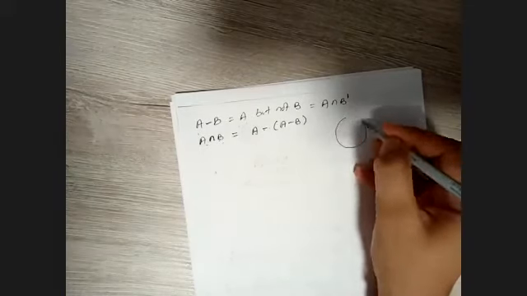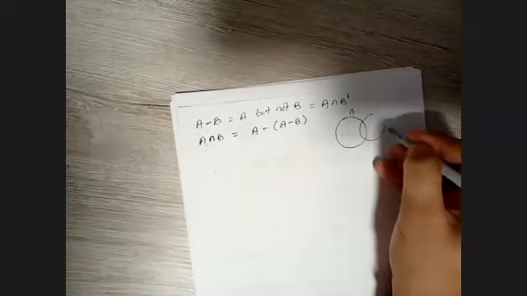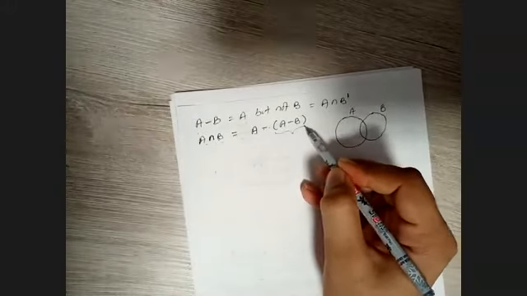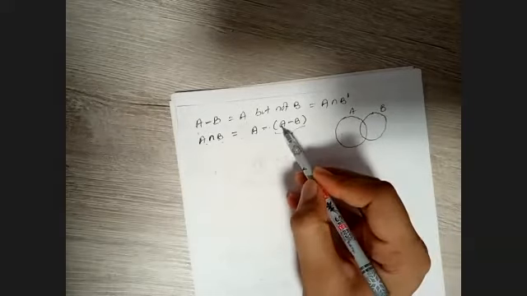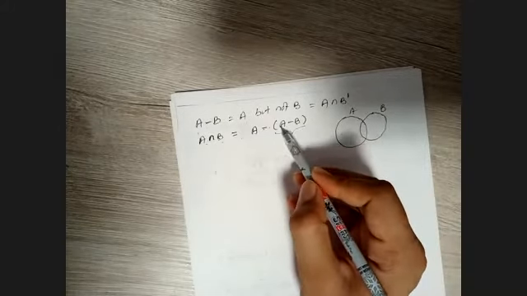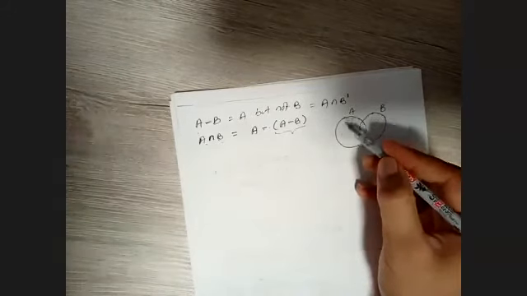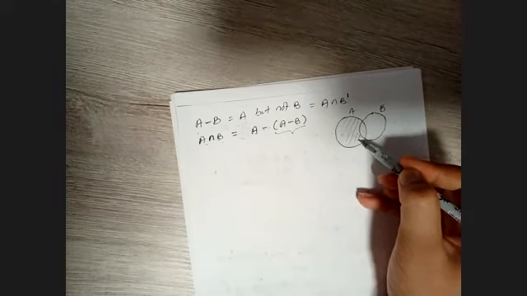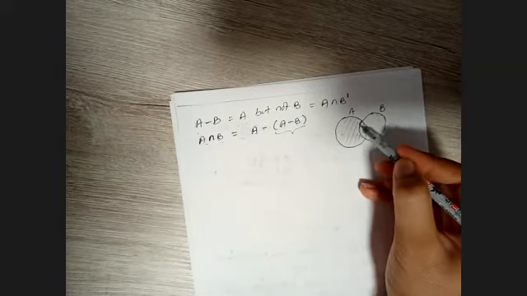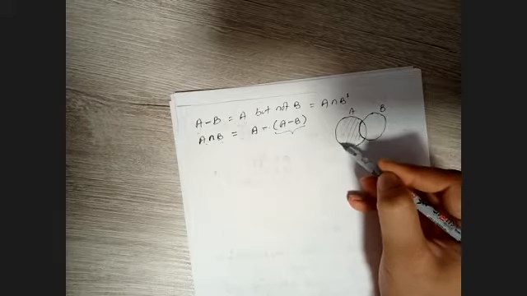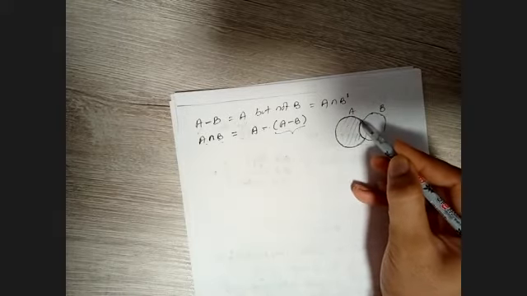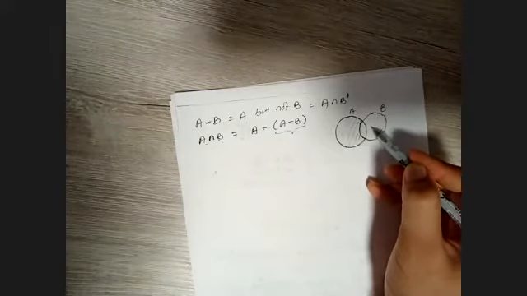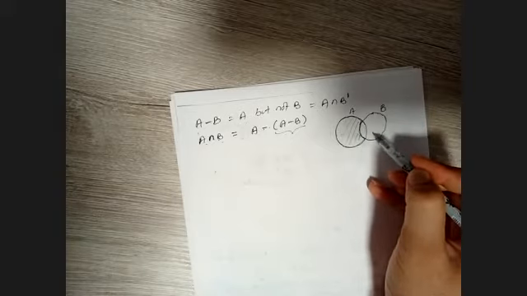Okay, understand. Let's say we're using a Venn diagram, you can understand A and B, right? First evaluate this one, A difference B. A difference B means what? Elements of A which are not in B. So this is the area you are talking about. Elements of A, this part, not the common part. These are in B and not elements of A, so we are not going to talk about this one.